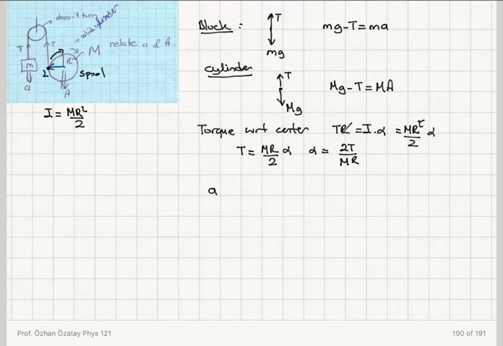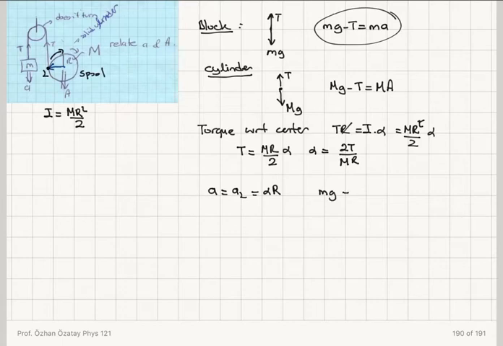Small a is the acceleration of also this point, the left point, let's say. It's the acceleration of the string, and that is equal to alpha times R, because it's rotating with angular acceleration alpha.